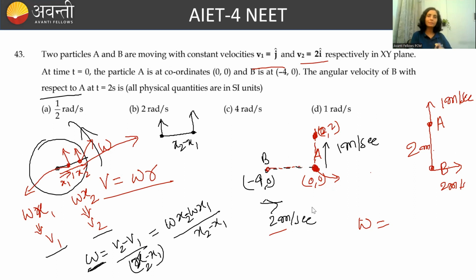The component of velocity that is perpendicular to the separation. So velocity of B perpendicular to the separation is 2 meters per second. Velocity of A perpendicular to the separation is nothing. It is only in this direction. So it is 0. So omega will become equal to 2 minus 0 by 2. And that is 1 radian per second. So this is going to be the answer.